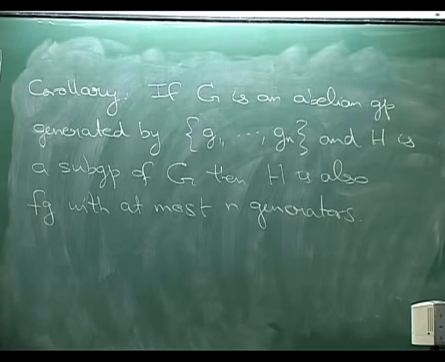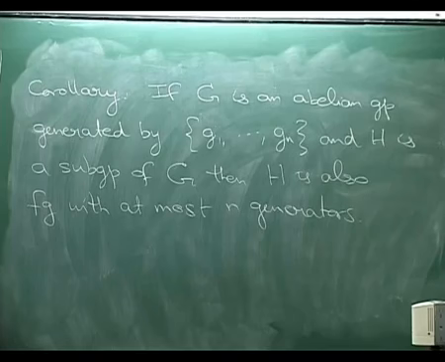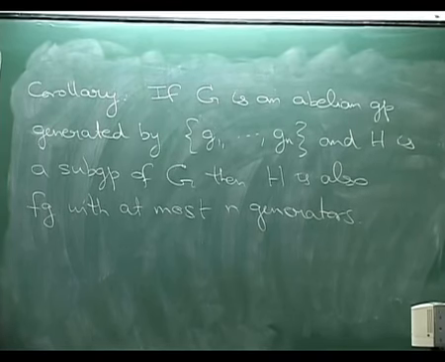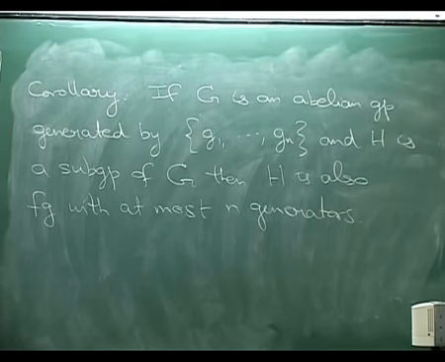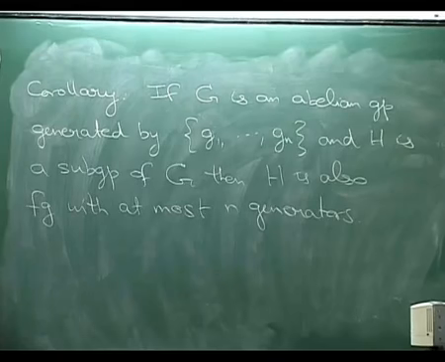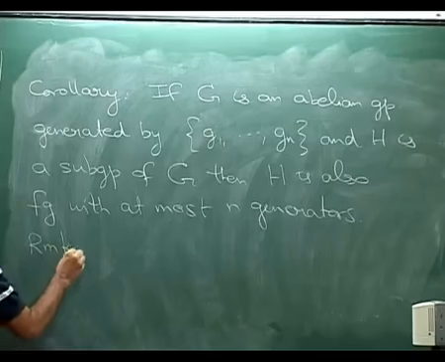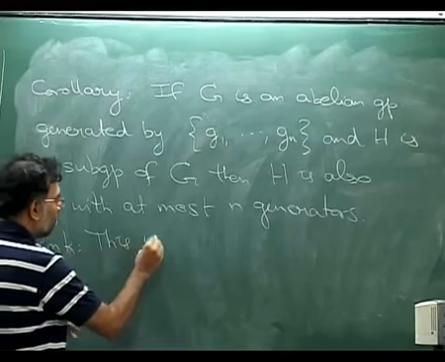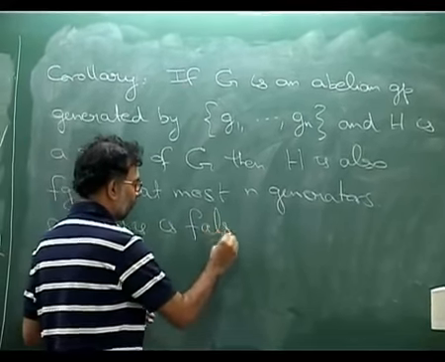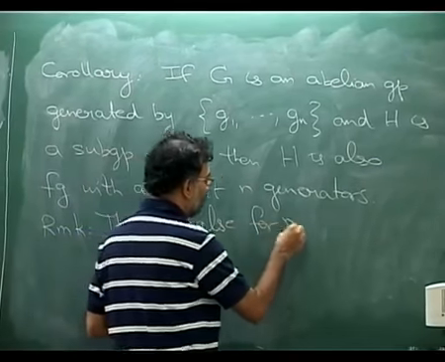Now this might seem very plausible, it seems likely, but how does one prove it? It's not easy to prove without having gone through all of this. It's a corollary of the result we have just said. So let me prove this, and let me remark, another remark, that this is false for non-abelian groups.